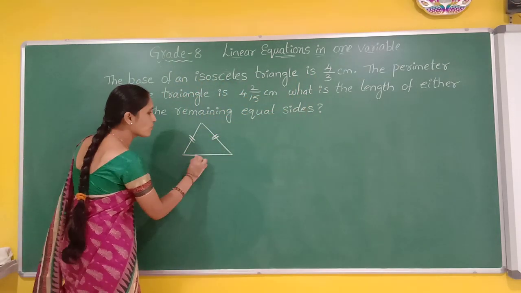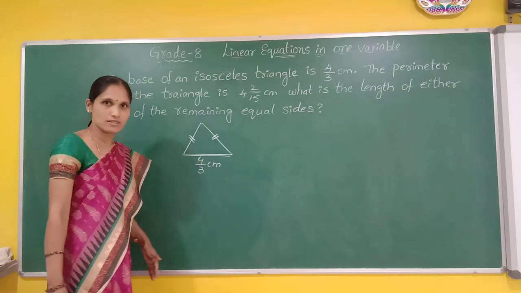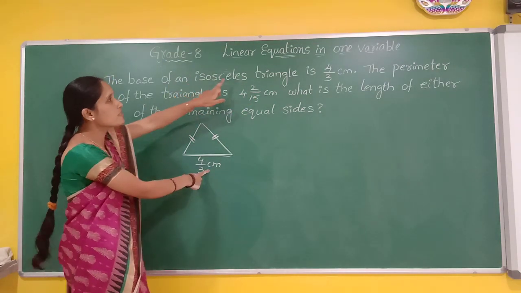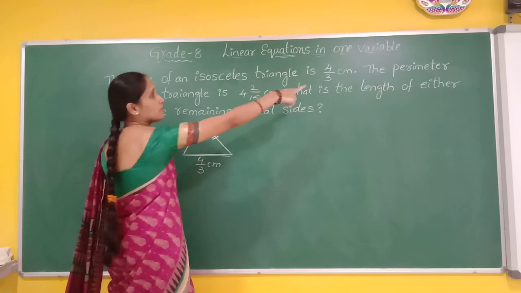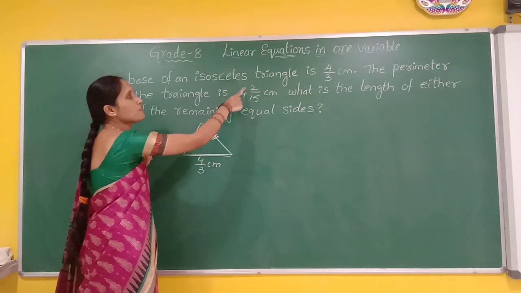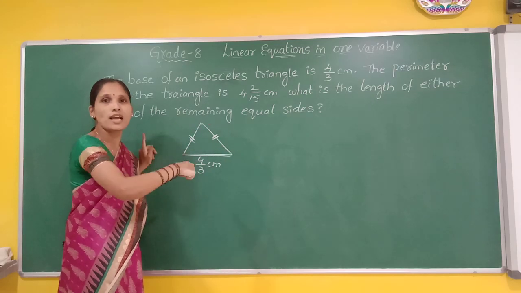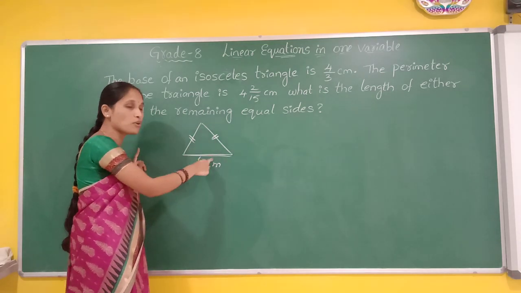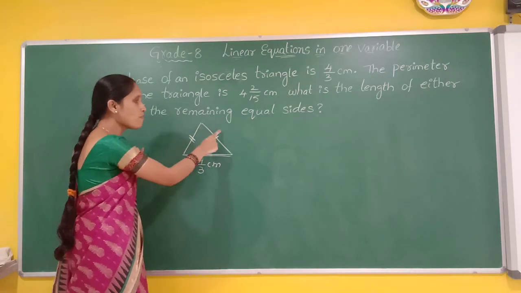The length of the base is given, that is 4 by 3 centimeters. The perimeter of the triangle is 4 2 by 15 centimeters. The perimeter of a triangle is the sum of the three sides of the triangle.